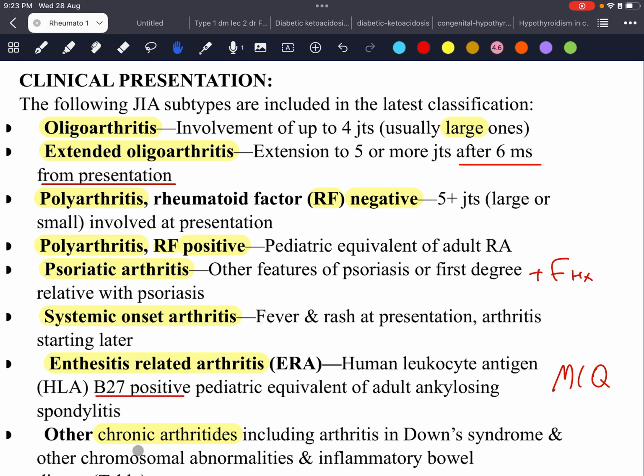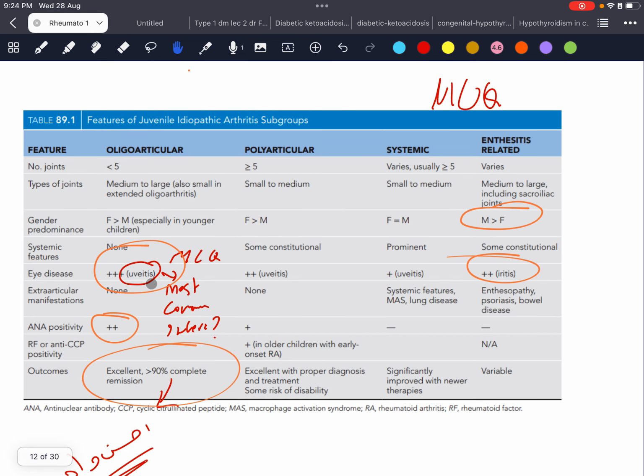Other chronic arthritis includes arthritis in Down syndrome, in inflammatory bowel disease, and other chromosomal abnormalities. So these are the subtypes, just to have an idea about them.